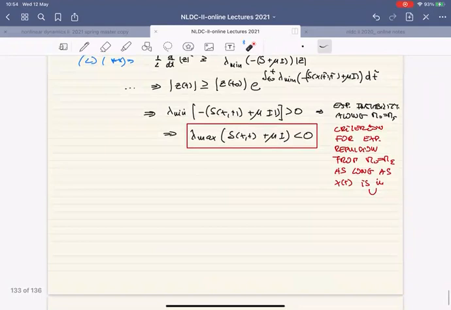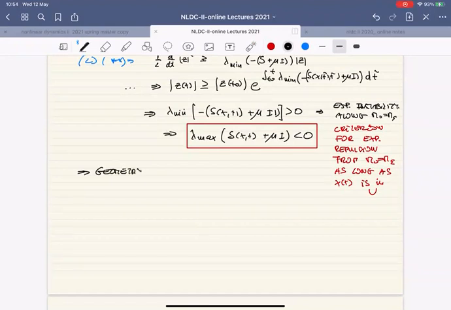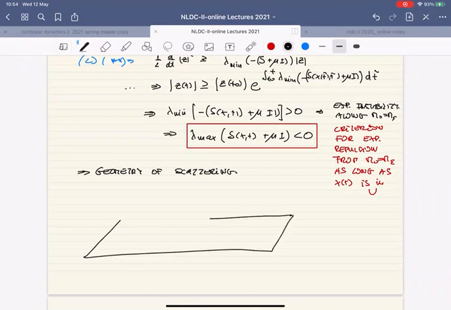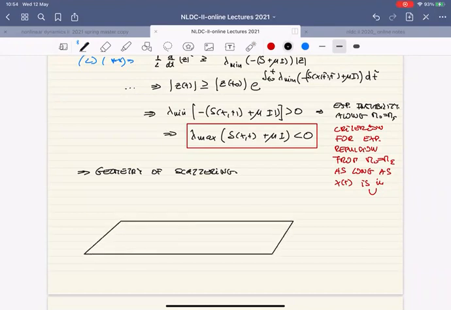So then the geometry of the scattering would be this, that I now show, the whole slow manifold here. This is M_0, which is identically the same as M_epsilon.